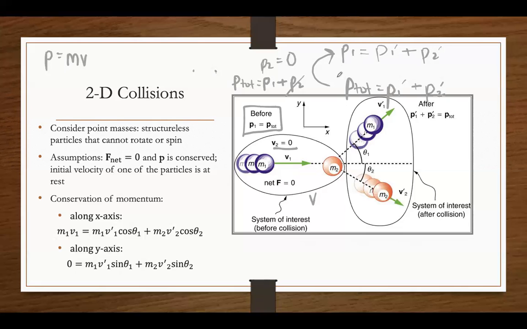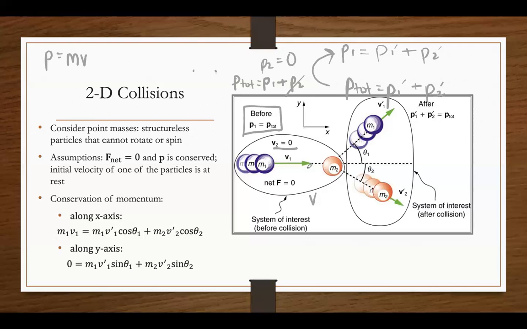Now based on this observation, we can start creating equations in order to describe the motion. Before our collision, to describe P1's motion, we have an XY coordinate system here.